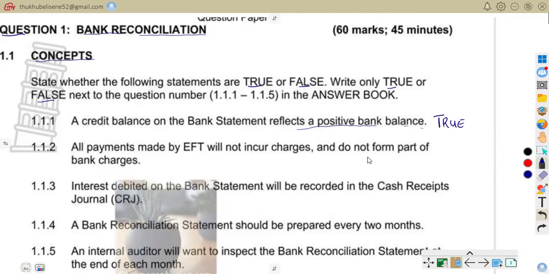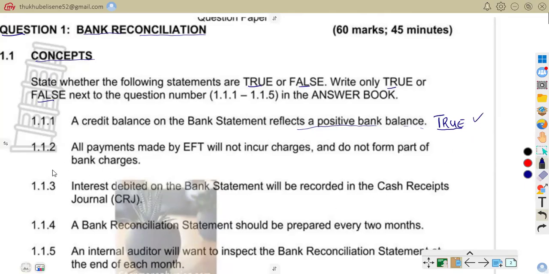For example, if your bank statement shows plus 5,000 credit, that means the business has 5,000 in the bank. That is a positive balance. So the correct answer there is true. Hope we are together on that.